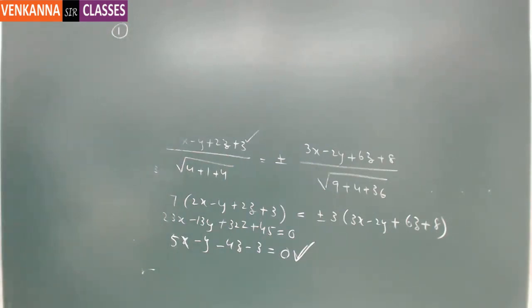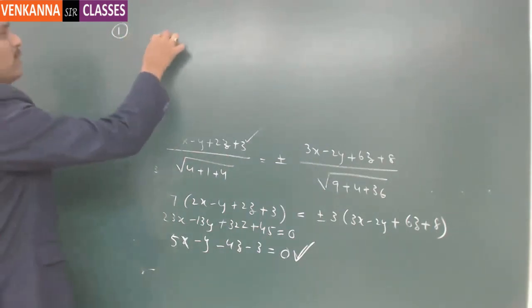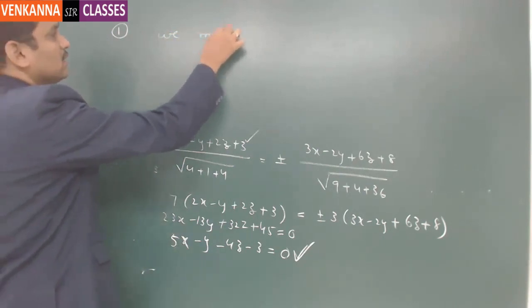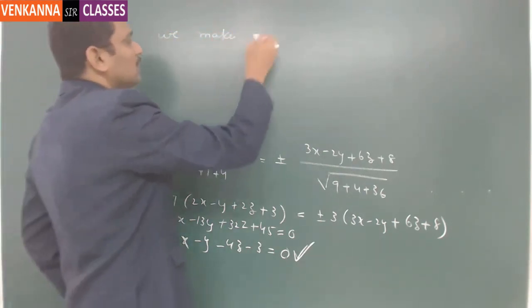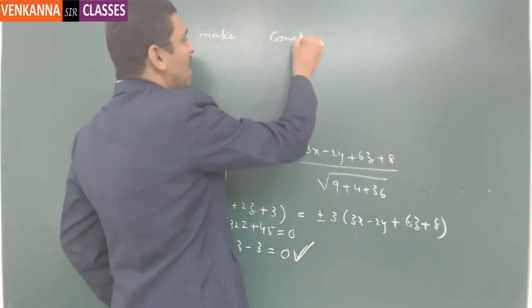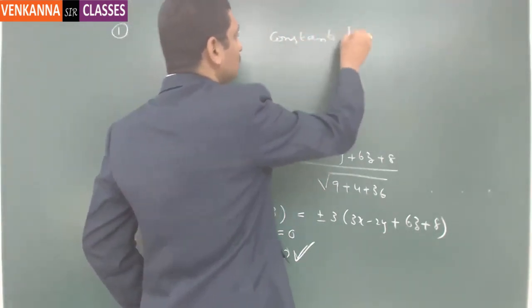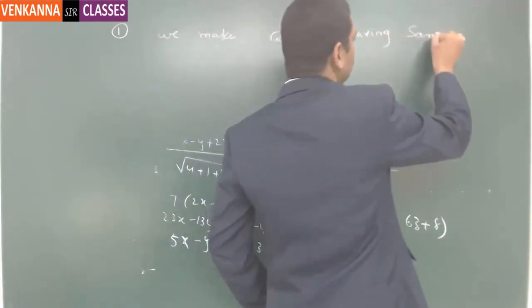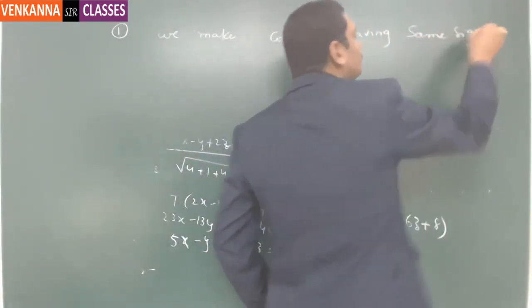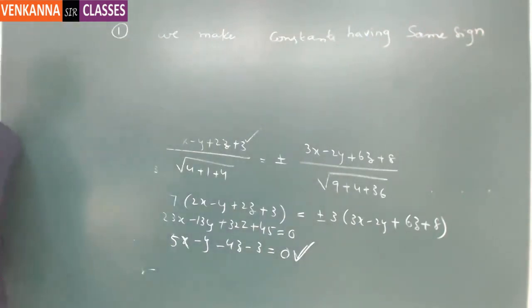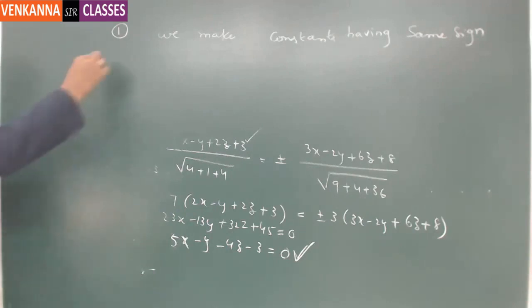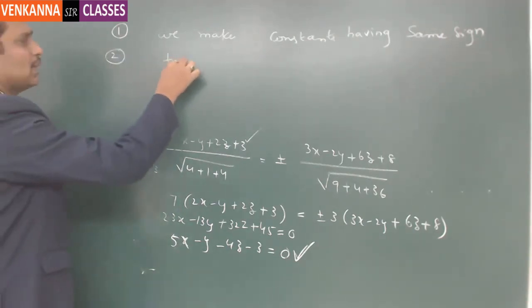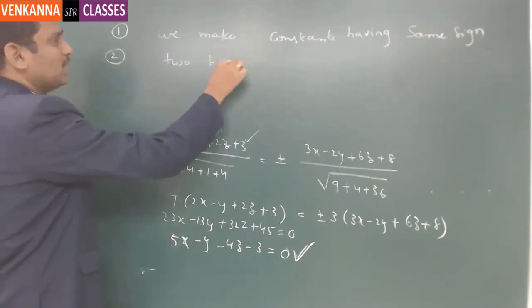The first step here is we make constants having same sign, so either both the constants have same sign, either plus or minus. After that, we find the two bisecting planes using the formula.